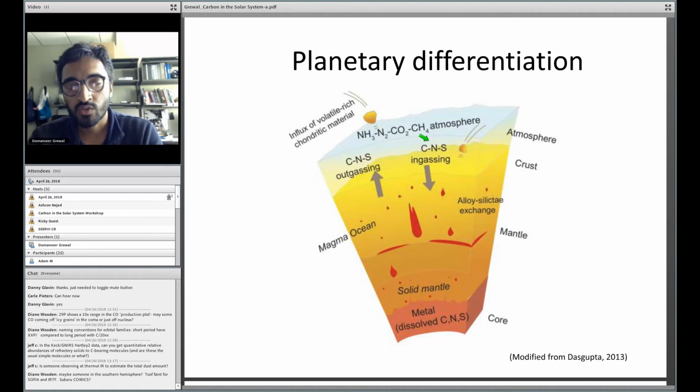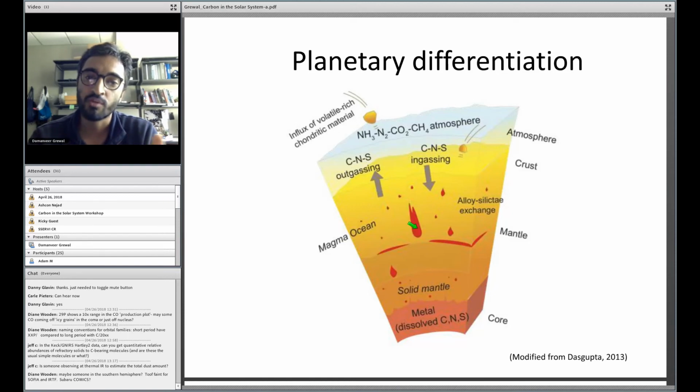And when the metal phase and the silicate phase begin to separate out, the metal phase ponds over the solid mantle over here, and the metal and the silicate phase and all the elements that are present in the magma ocean, in the molten mantle over here, can start to equilibrate with the metal phase as well as the silicate phase.